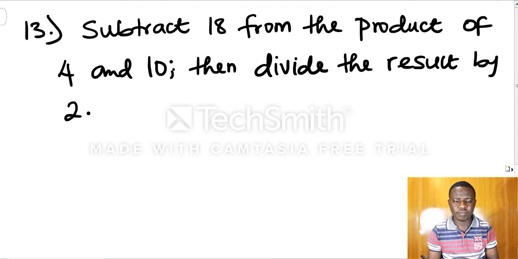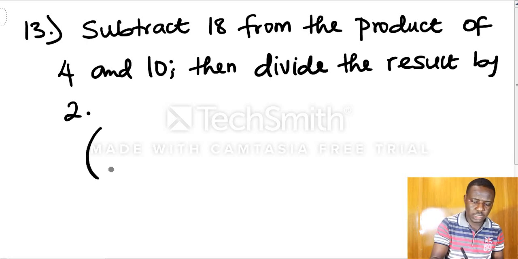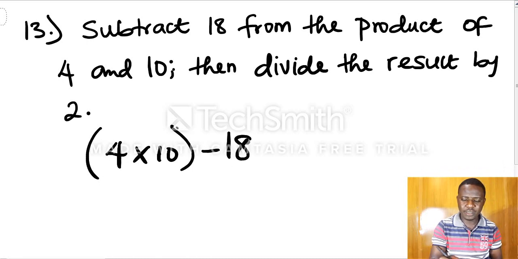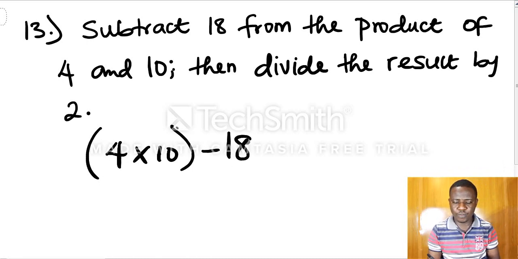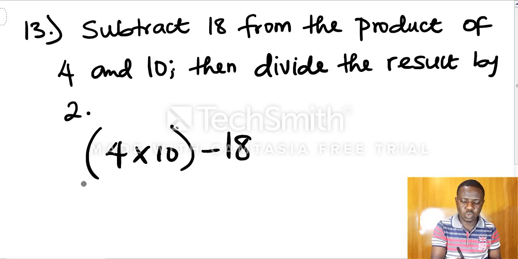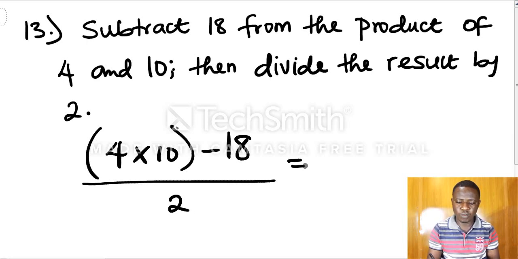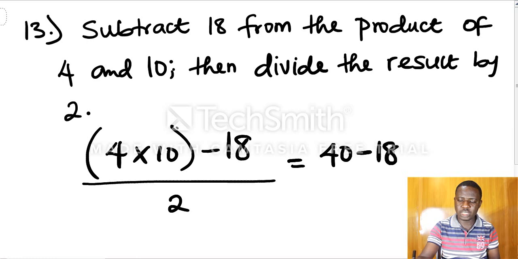Question number 13 says we should subtract 18 from the product of 4 and 10. That is, the product of 4 times 10 minus 18. Then divide the result by 2, meaning all of this divided by 2. This will be equal to 4 times 10 is 40 minus 18, divided by 2.